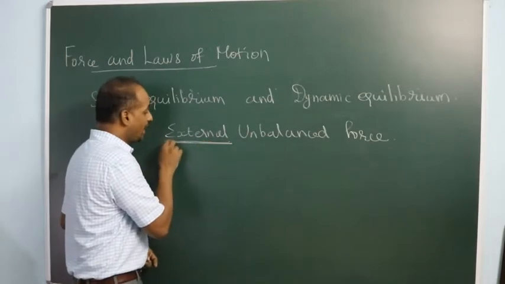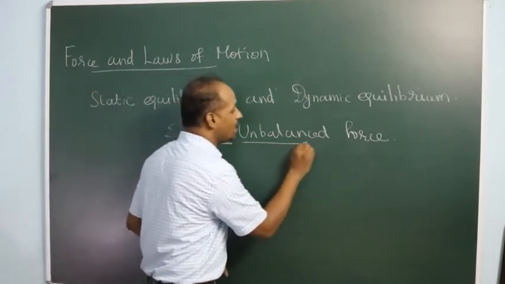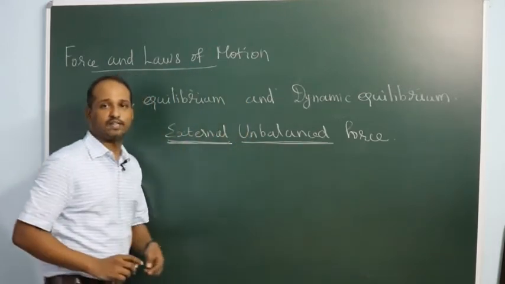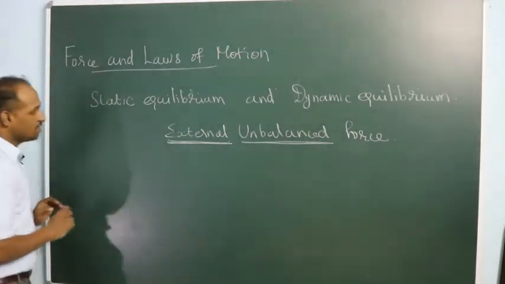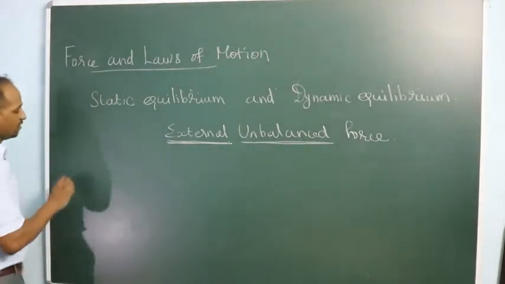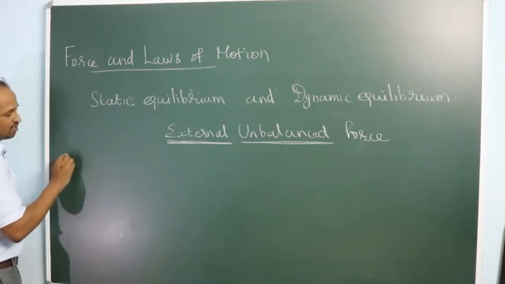That's why he said an external unbalanced force acts on the object. So Newton said this, and this is famously called the first law of motion, or Newton's first law of motion.